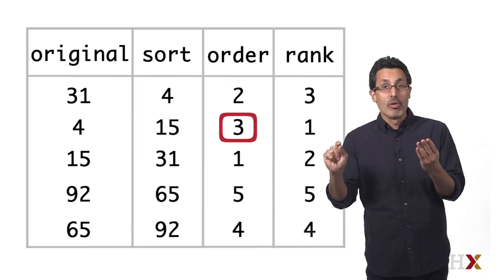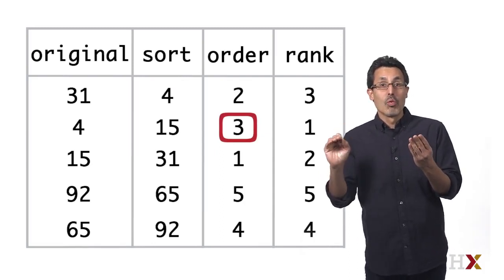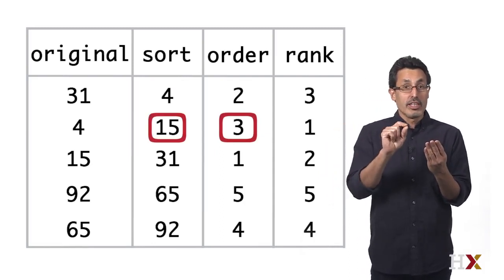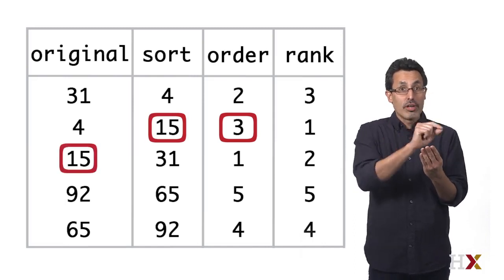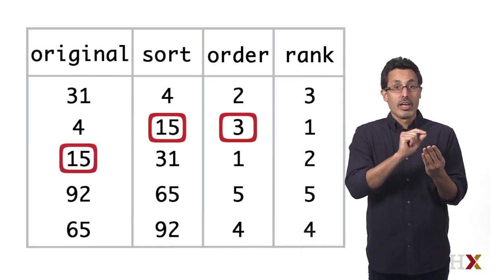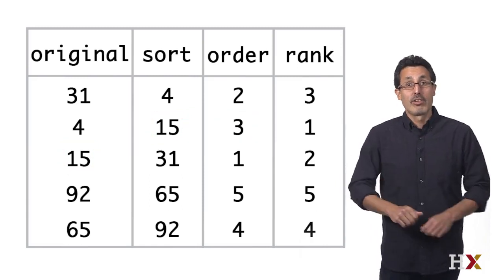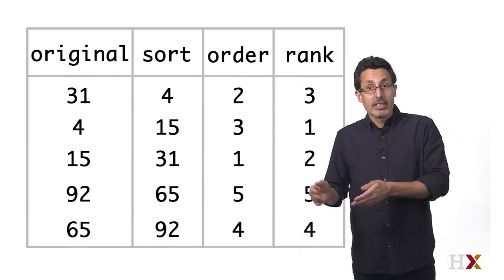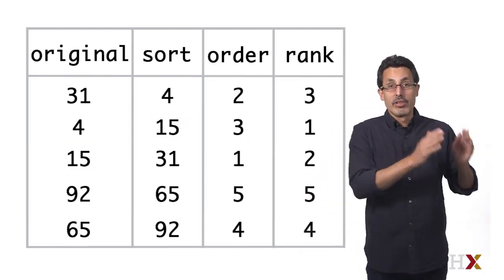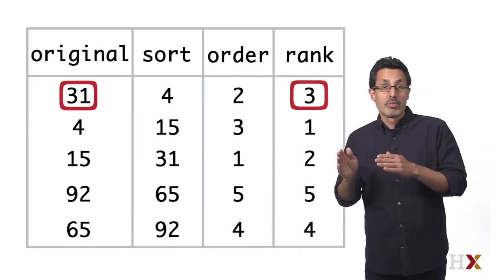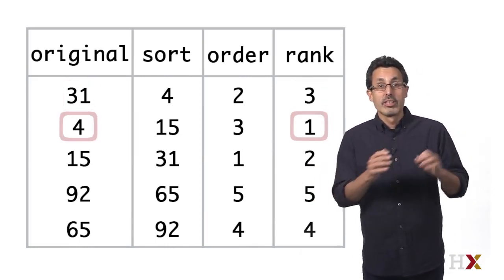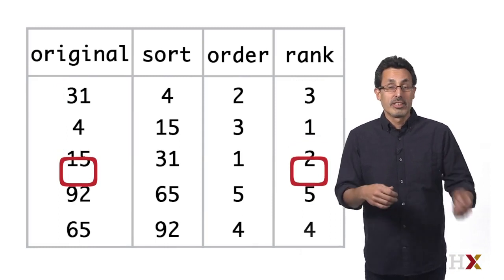In the second row of order, we have a 3. Why? Because to get a 15, the second smallest, we need to go to the third entry of the original, etc. Now the final column, rank, gives us the ranks of the original vector. 31 is the third smallest, 4 is the smallest, 15 is the second smallest, etc.